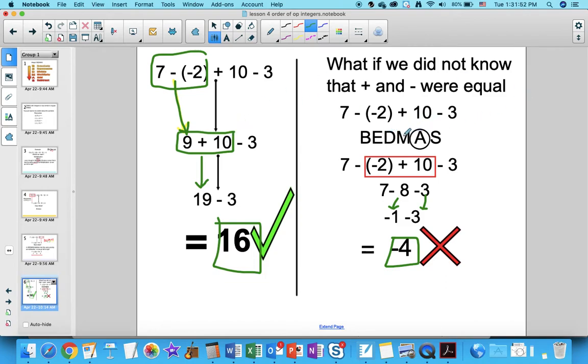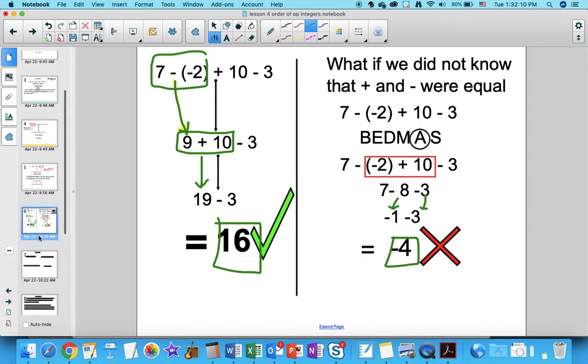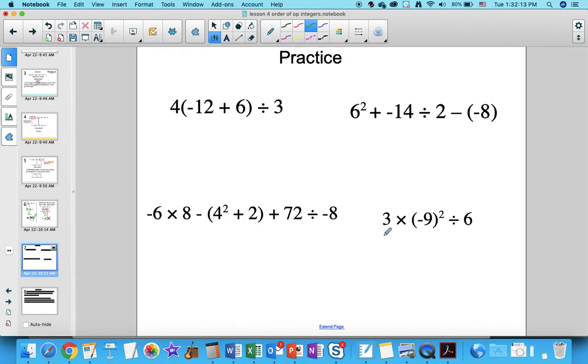So if you have division and multiply, if your multiply was more on the left, you do the left one, you do multiply. For addition and subtraction, if you have both of those like we did here, if addition is on the left, or if subtraction is on the left, you do what's on the left first. All right, so that's a bit tricky, but we're going to try a few of these questions.